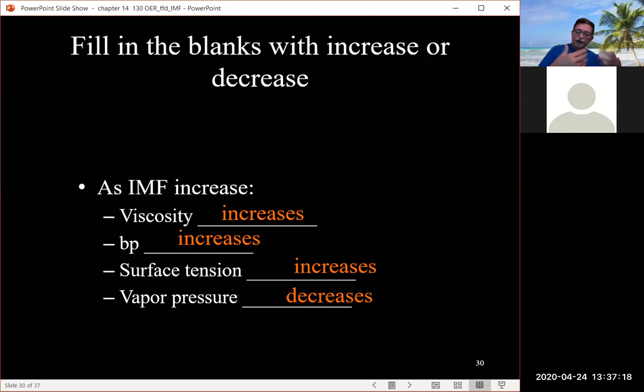As we increase the force, more molecules are held together in the liquid phase, and fewer of them are going into the vapor phase, and hence less vapor pressure. Now, these questions are asked in this manner, but they could reverse the question. Instead of saying increase, they could have said, as IMF decreases, what happens to viscosity? So be able to answer the question depending on how it's asked.